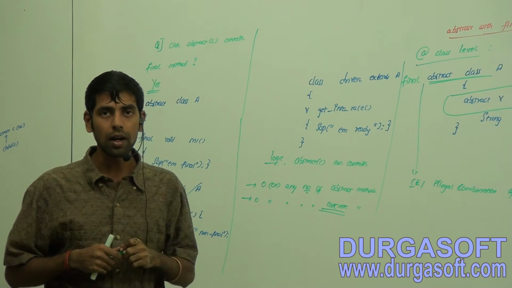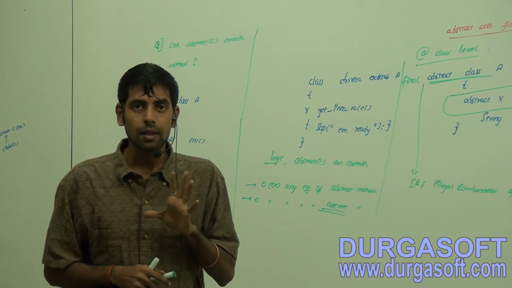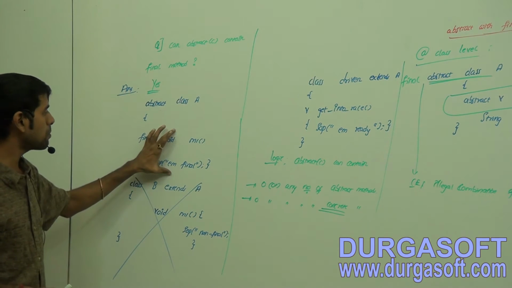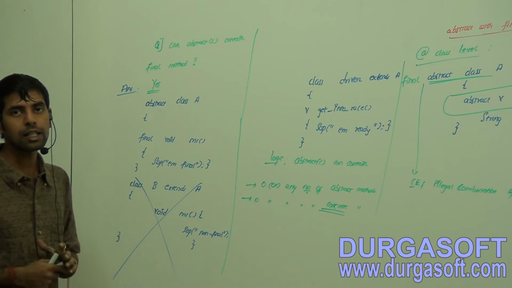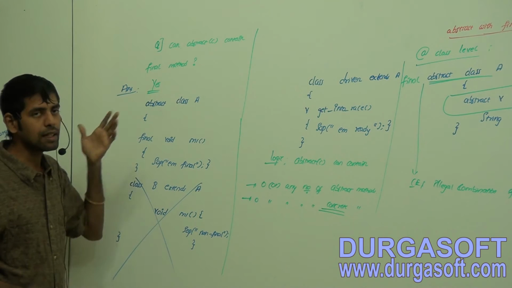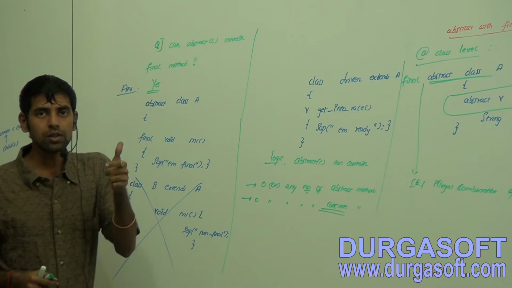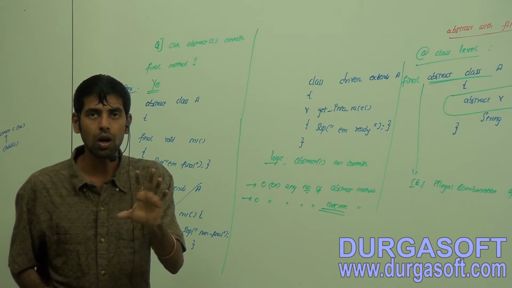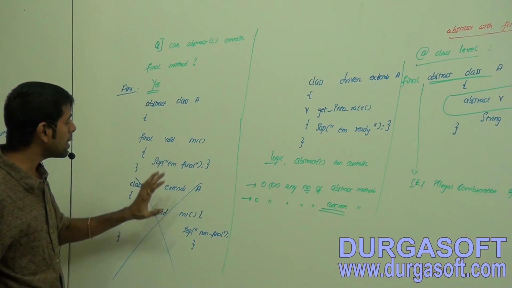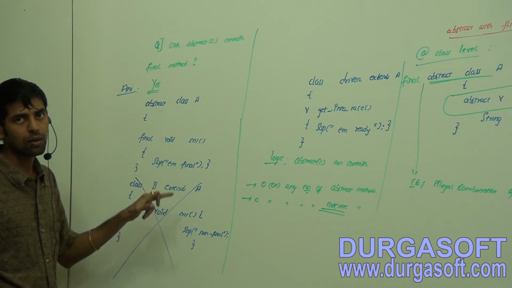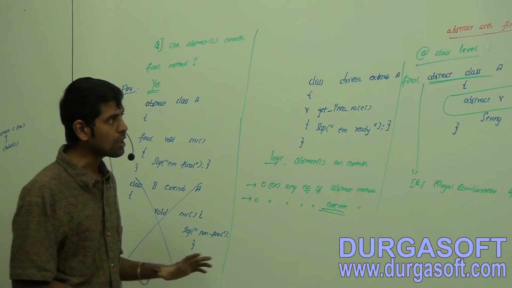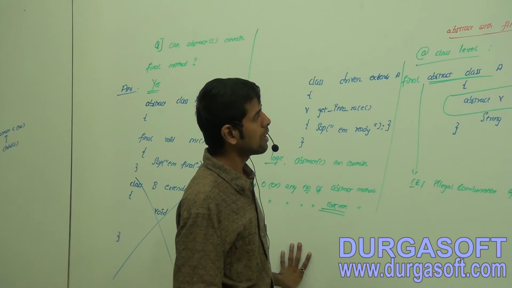No. Final means, with respect to methods, that the implementation is final. Parent is making this particular service implementation final. Parent is telling the child: at your scope or at your lifespan, you are not recommended to re-implement the definition of this particular m1. Very important. Please try to make note of these ones. Of course we have seen all of these things.